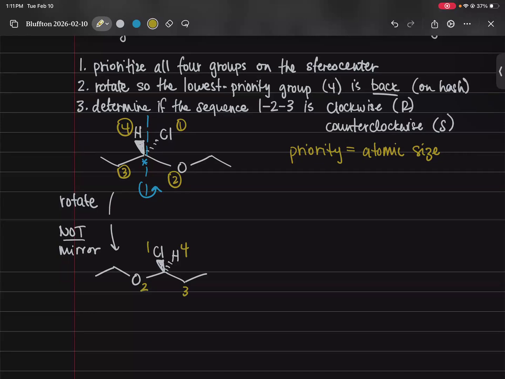And now we just need to look and see if 1, 2, 3 goes clockwise or counterclockwise. So what is our configuration for that stereocenter? Is it R or S? S. Okay, so 1, 2, 3. 4 we don't care about.